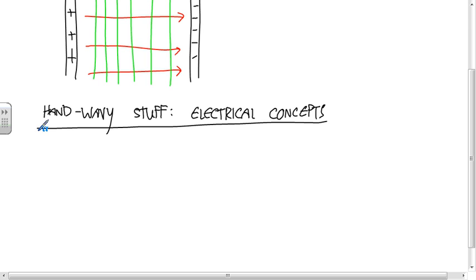The first is conductors. Conductors are materials where electrons are free to move.